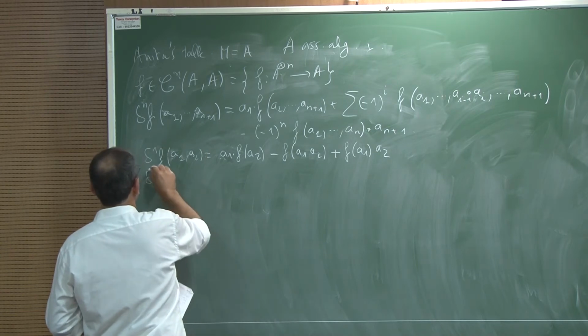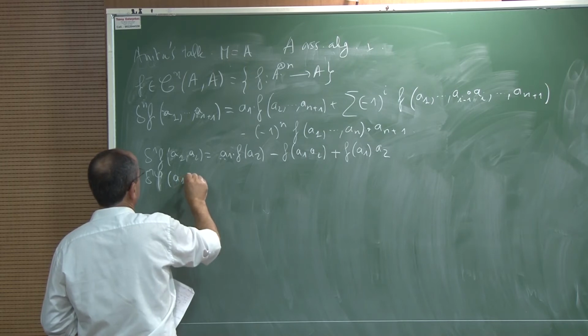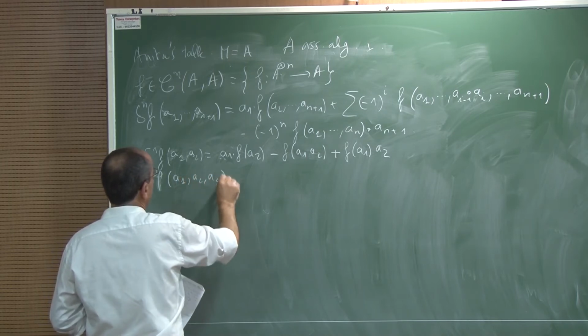And we need also delta 2 of phi, applied to a1, a2, a3.